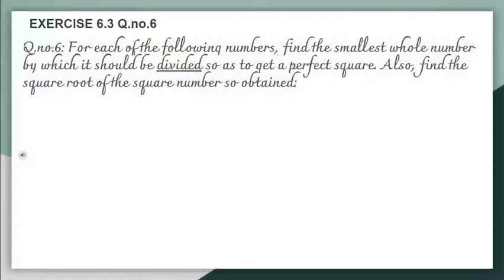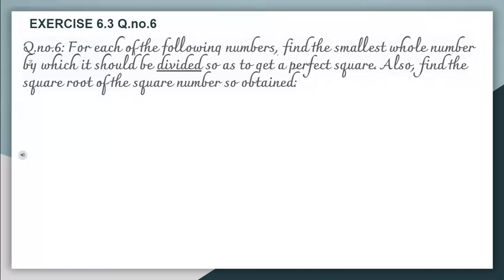The same way here also, the number which is not having a pair, that number we are dividing the given number by. That is the smallest number. And the remaining pair is the perfect square number. Understood? So in multiplication, we make one more pair, but here we are taking the number which is not having a pair.